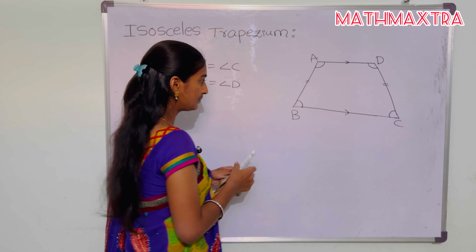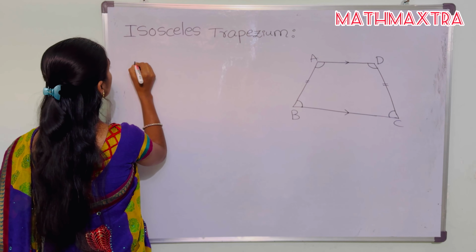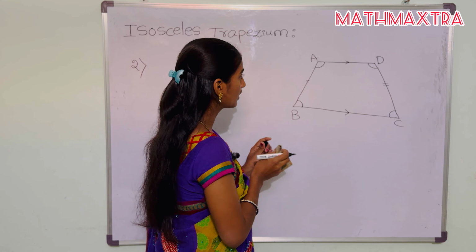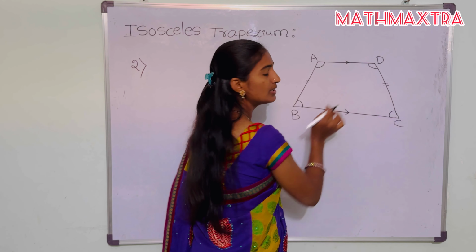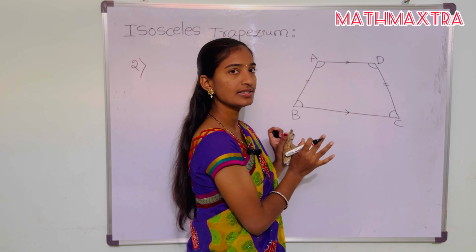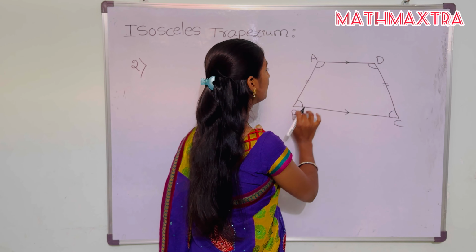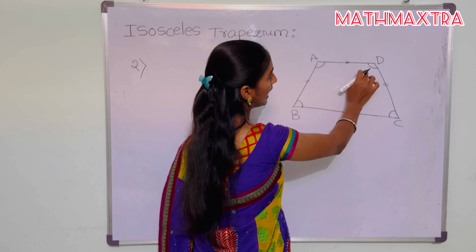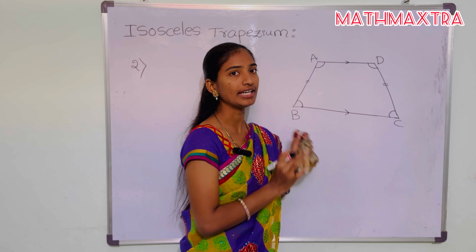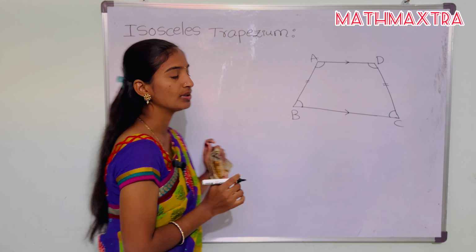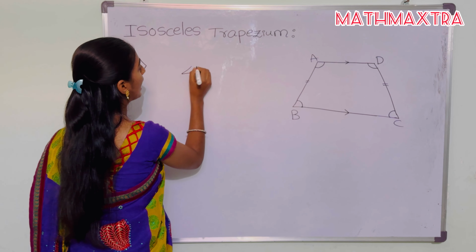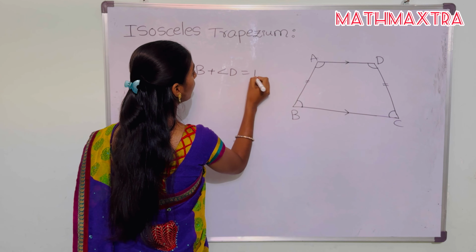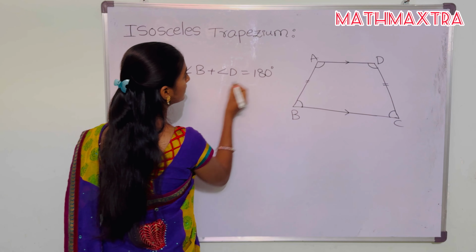And the second property is, see, these are opposite angles of an isosceles trapezium. Angle B and angle D are opposite angles. These opposite angles are always supplementary in case of an isosceles trapezium, which is nothing but angle B plus angle D equals 180 degrees.